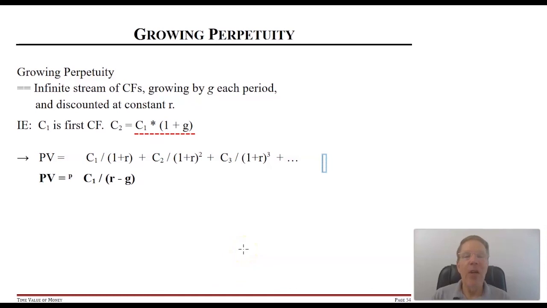So, good news about growing perpetuities. For those of you in finance, you should know this because it does come up in some advanced classes in finance. And for the rest of you, you don't have to worry about it so much. In this class, you need to know that growing perpetuities exist, but I'm not going to give you a numerical example of how to solve one.